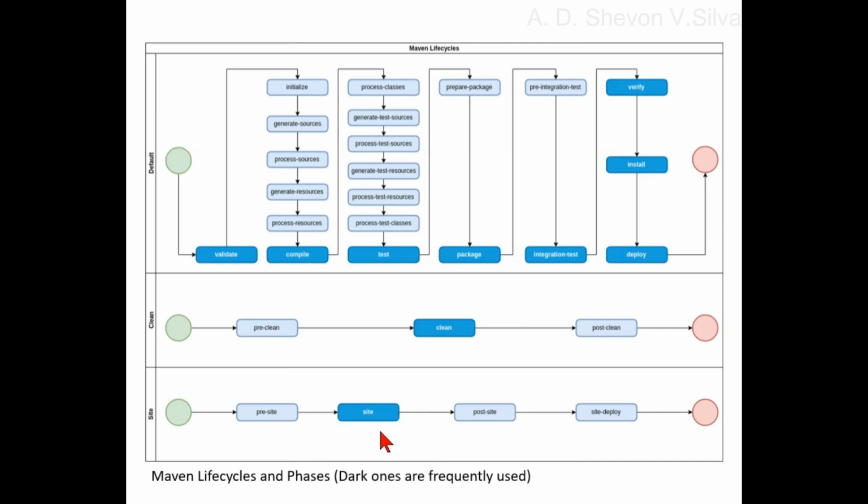Post-site: execute processes needed to finalize the site generation and to prepare for site deployment. Site deploy: deploy the generated site documentation to the specified web server. And here you can see the phases.